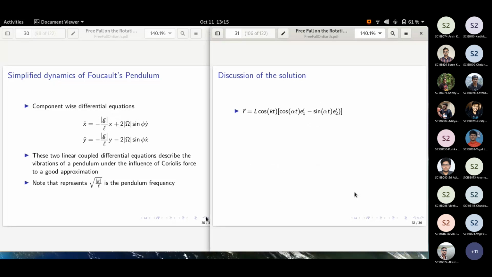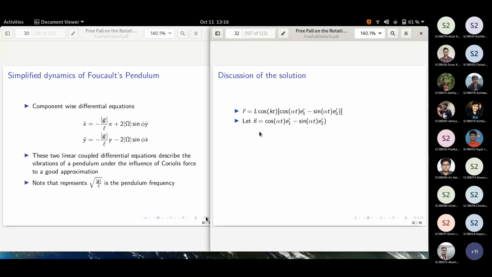So the position vector is now L times cos kt, cos of alpha t e1 dash minus sine of alpha t e2 dash. So this kt is the oscillations of the pendulum. So this is like an amplitude. And then you have some vector n, cos of alpha t e1 dash and sine of alpha t e2 dash.